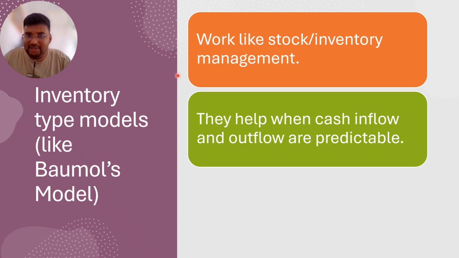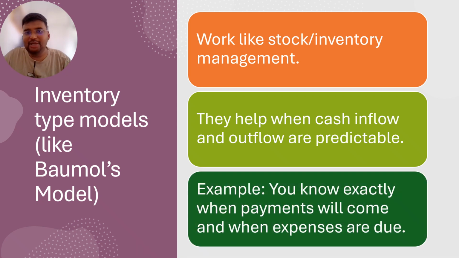So specifically, these models are useful only if prediction of the cash balance is possible. Let me tell you an example. We exactly know when money will come in from the customers, at what time we are supposed to pay our rent, and at what time we are supposed to pay our salary. So this model is going to work well.